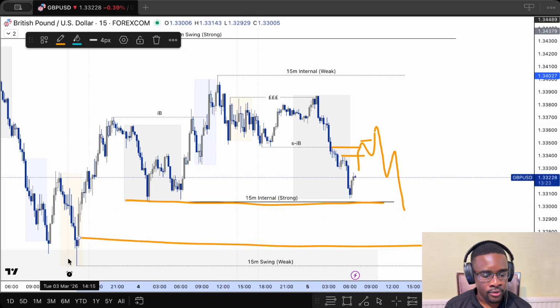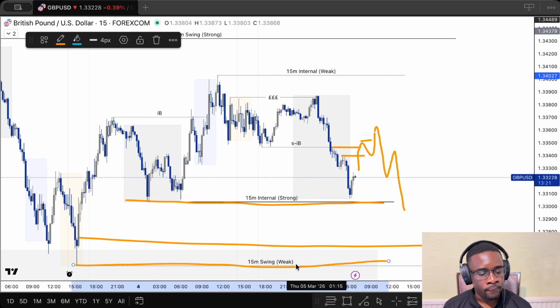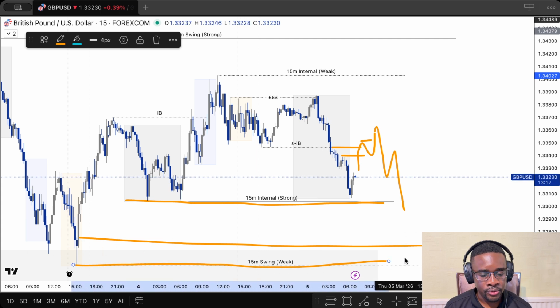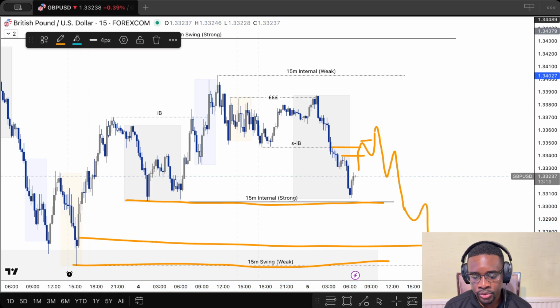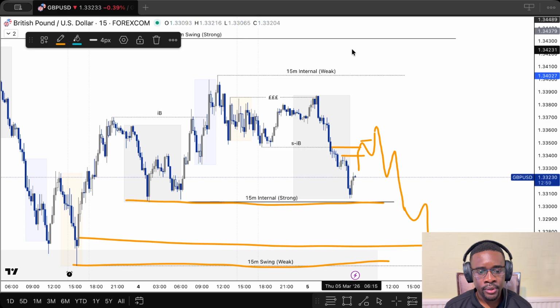Of course, we do have this area of demand, but that is buying in a downtrend. I'll be looking for continued bearishness. That looks like a high probability trade. Yes, it's counter internal, but it's pro swing.